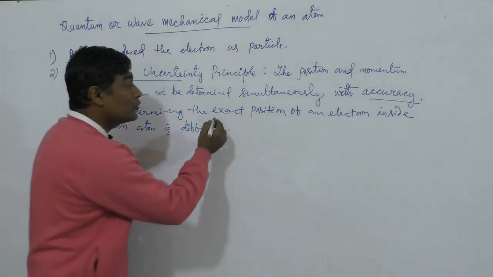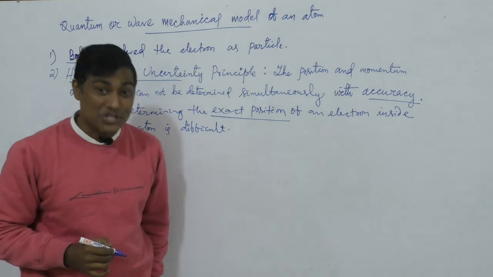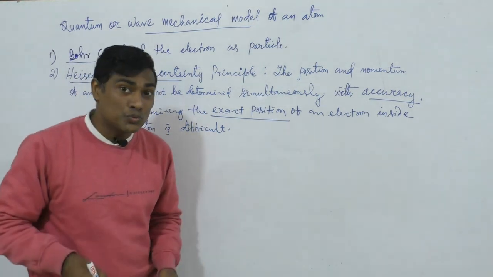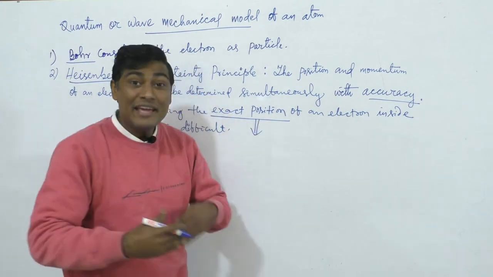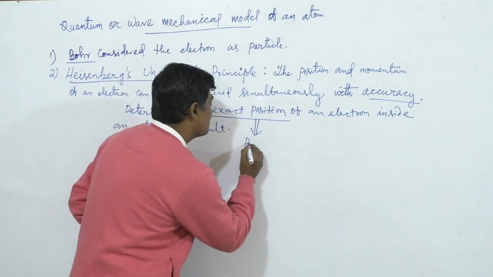So if we don't know the exact position, then what should we do? The next step is we can rely upon probability.